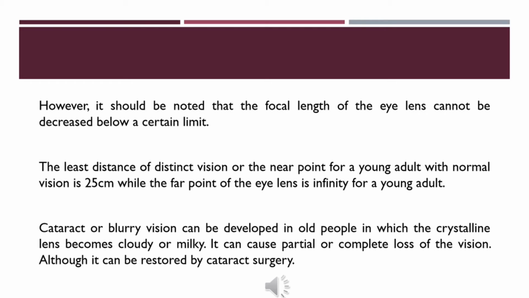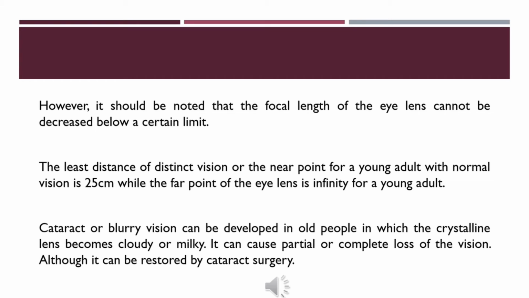The least distance of distinct vision, also known as the near point, for a young adult with normal vision is 25 centimeters, while the far point of the eye lens is infinity for a young adult. The far point up to which the eye can see an object clearly is known as the far point of the eye.